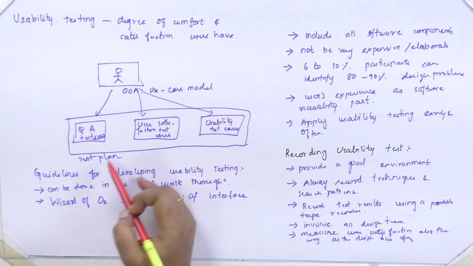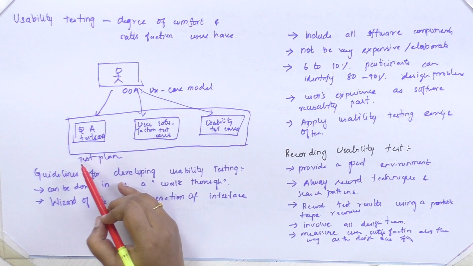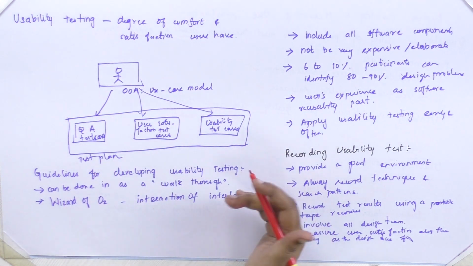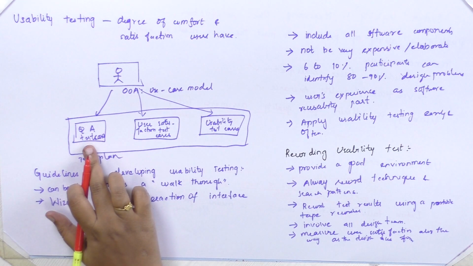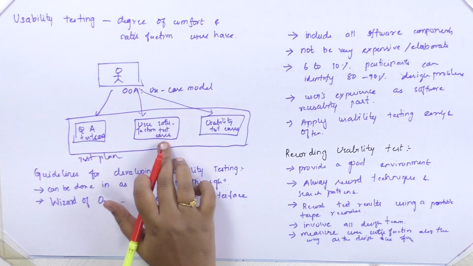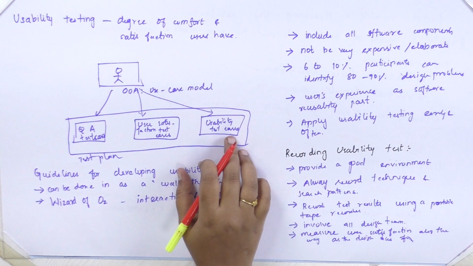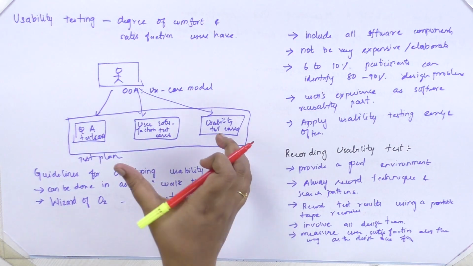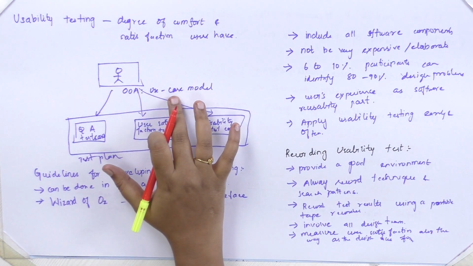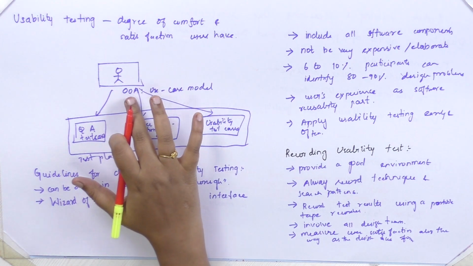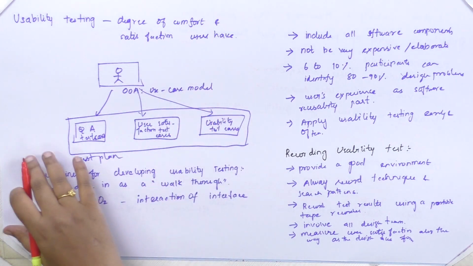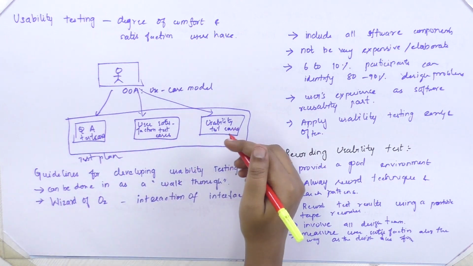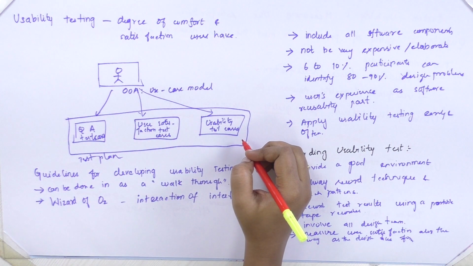All these test cases come under the test plan. So when we are developing the test plan, you have to develop quality assurance test cases, user satisfaction test cases and usability test cases. All these test cases can be applied on the use cases of the object-oriented analysis phase, and when we are performing all these things you are able to attain usability satisfaction testing.